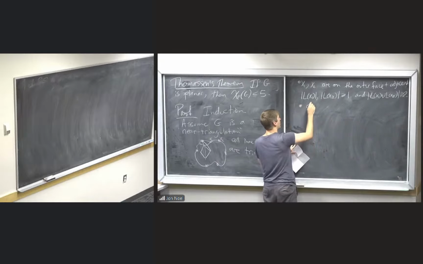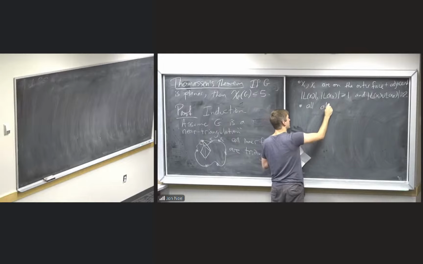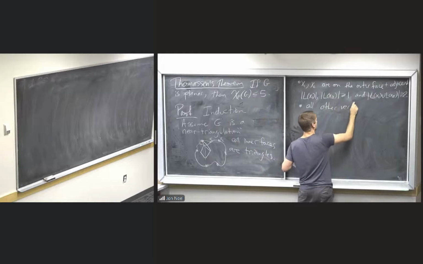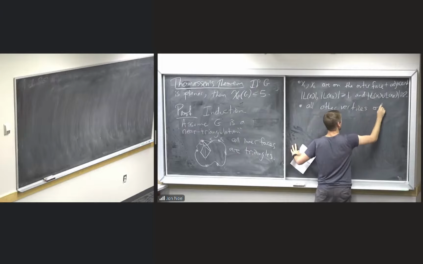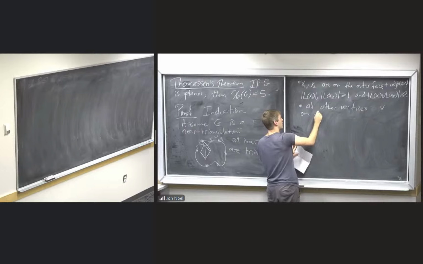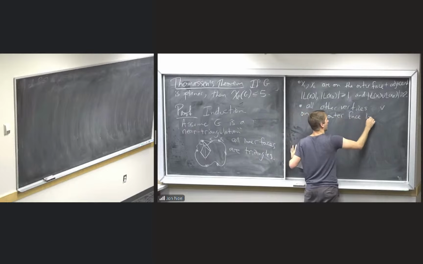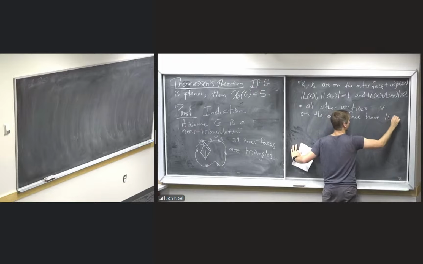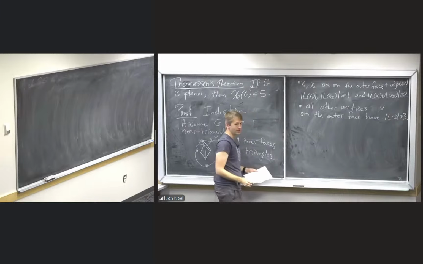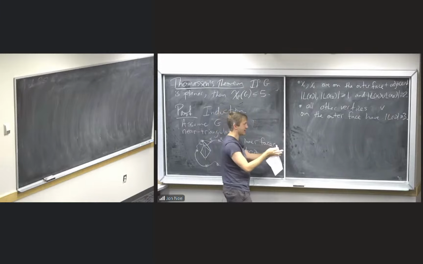I'm going to say all other vertices v on the outer face have lists of size at least 3. And everybody else has to have 5.